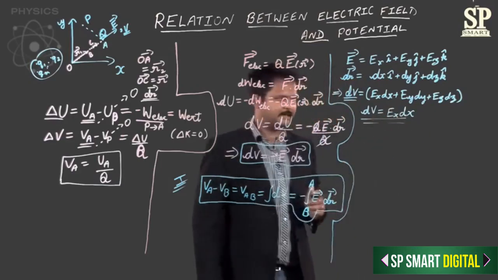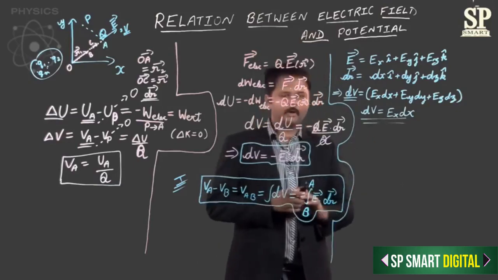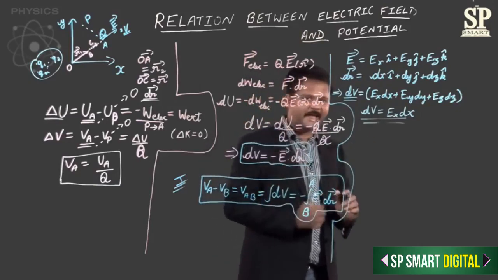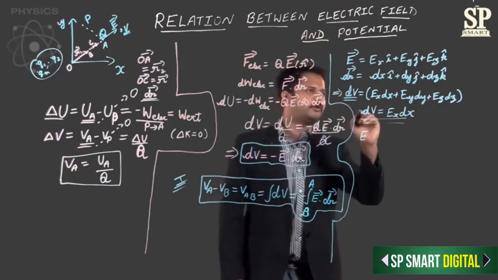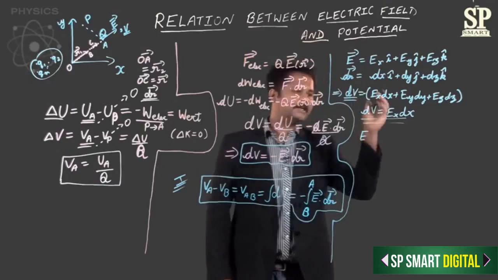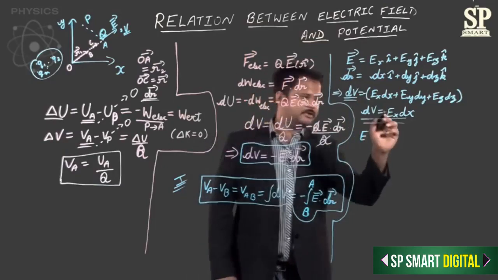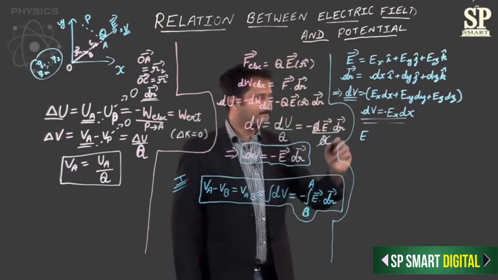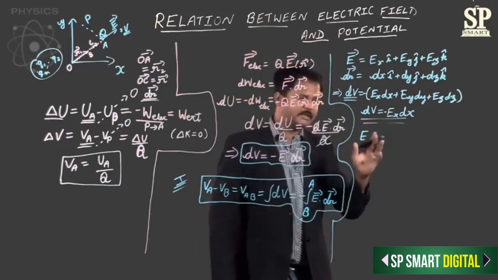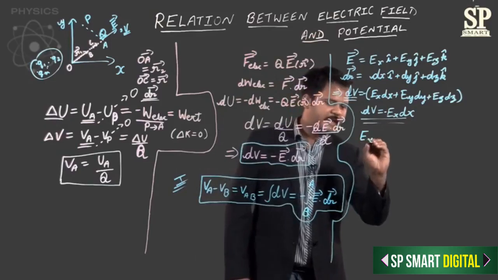Another way of writing this is, if you want to find the electric field's component in the x direction, oh, I forgot to put a minus sign here, dv is minus E dot dr. So this expression also becomes minus Ex dx. Make this small correction here.